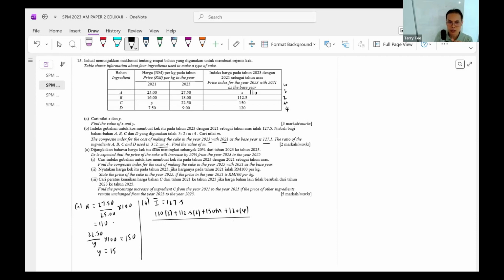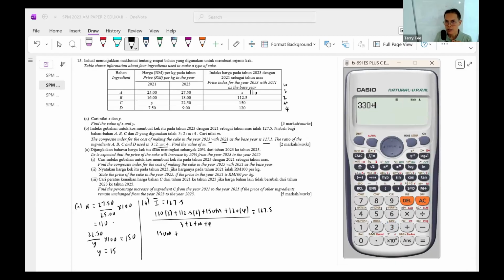Then the denominator is 3 plus 2 plus M plus 4, and the answer is 127.5. So can we simplify this? 150M plus, let's calculate the rest. This one is 330, plus 112.5 times 2, plus 120 times 4, that is 480.